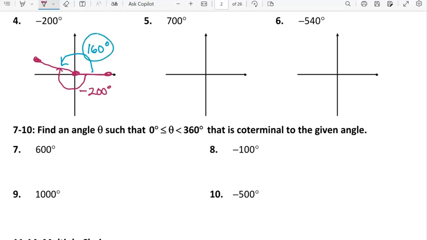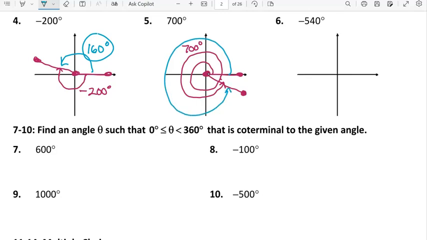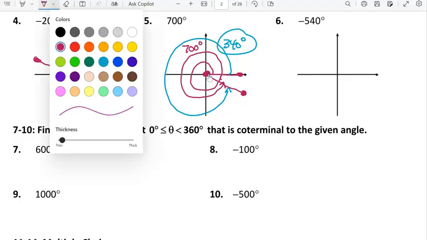In number 5, we're sketching a 700-degree angle, starting on the positive x-axis, and 360 degrees gives us a full revolution, and we're going to need to go an additional 340 degrees in order to complete that 700-degree rotation. So an angle that is coterminal or ends in the same place would be that 340-degree angle. In number 6, we have a negative 540-degree angle.